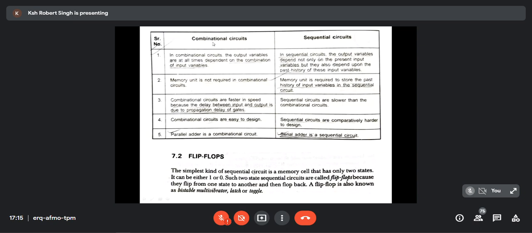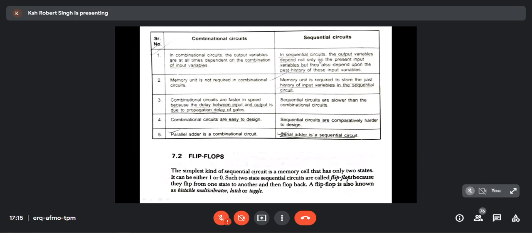Combinational circuits, as I have told earlier, depend on the present input. They don't depend on the previous output. That is the main difference. The output of a combinational circuit depends on the present input. In a sequential circuit, the output depends on the present input as well as the previous output.